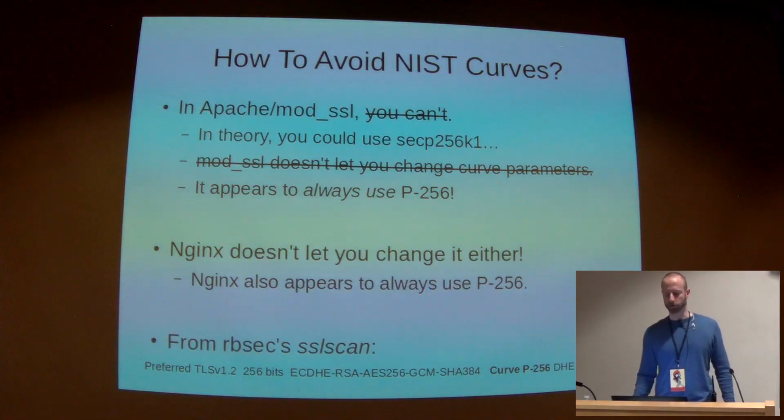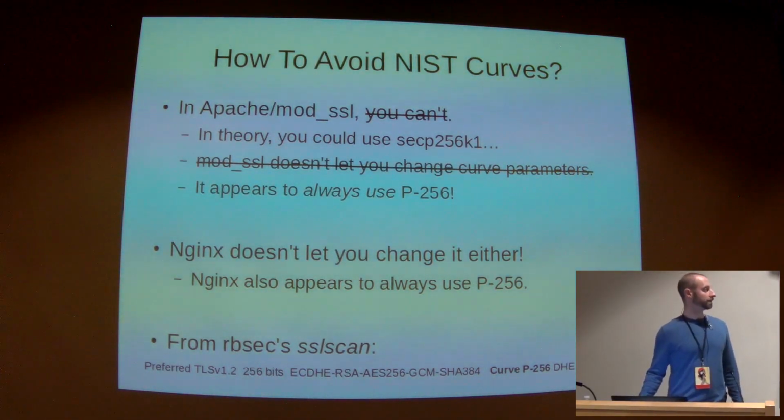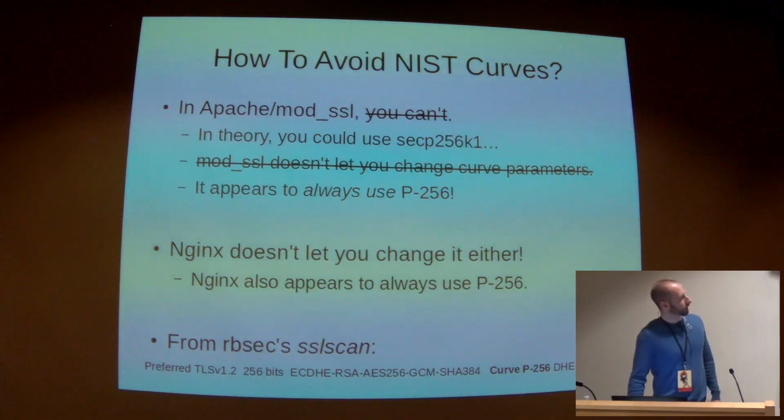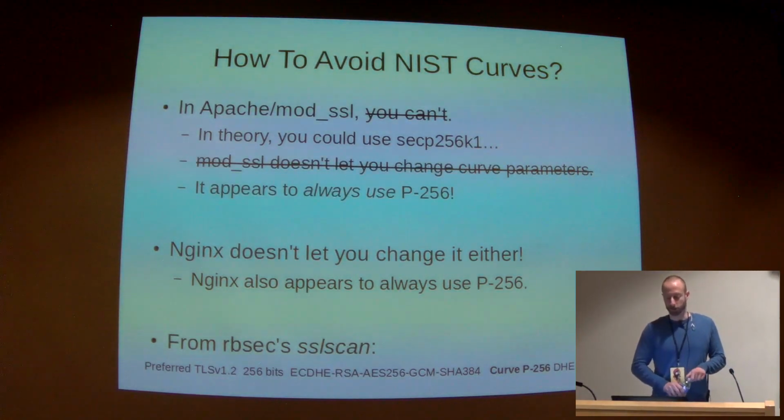There's secp256k1, the Bitcoin curve. In theory, you can use that. And after it turned out I was wrong about Apache mod_ssl, I did say Nginx, you can't change it either, although now I'm starting to second guess myself. But it does always appear by default to use P256.